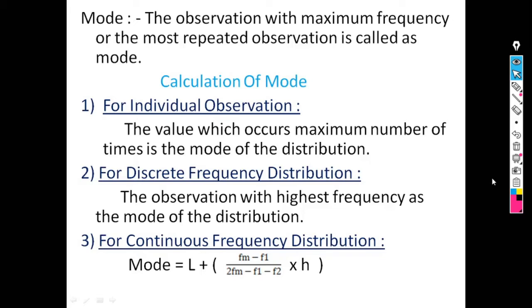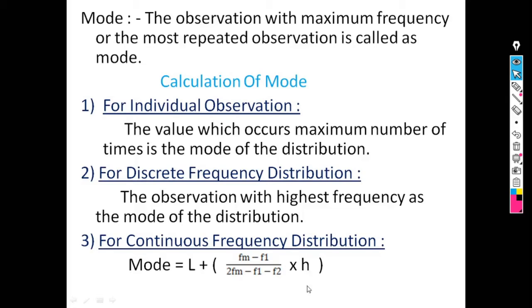After defining the modal class, the formula for mode is equal to L plus (Fm minus F1) divided by (2Fm minus F1 minus F2), into H, where L is the lower limit or lower boundary of the modal class, Fm is the frequency of the modal class, F1 is the pre-modal frequency, 2Fm means 2 into the frequency of the modal class, F2 is the post-modal frequency, and H is the class width.